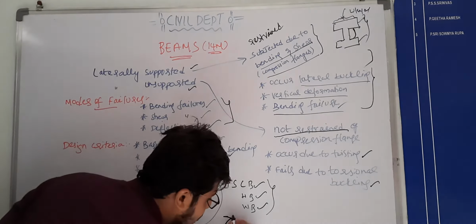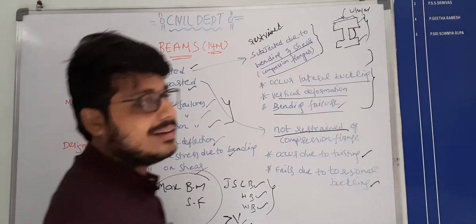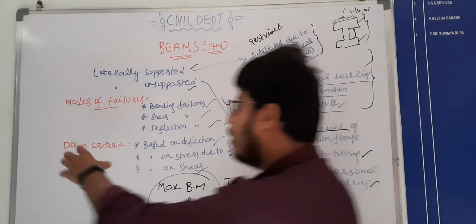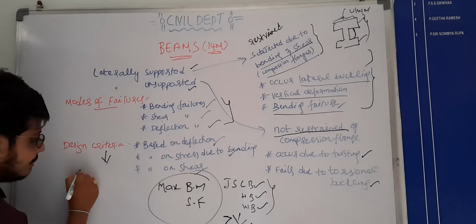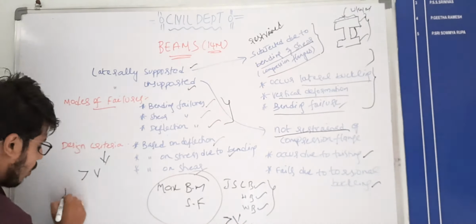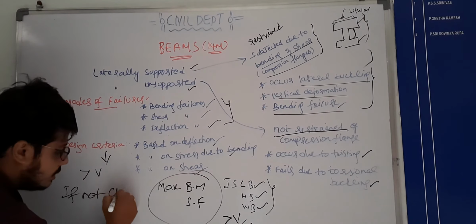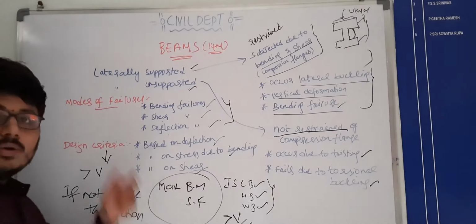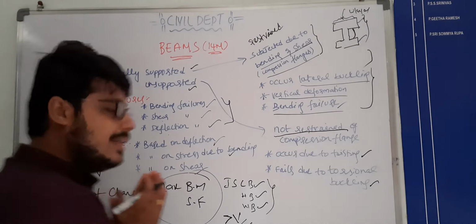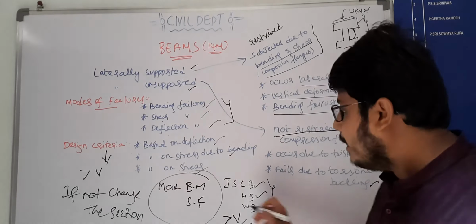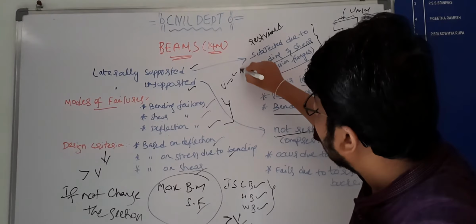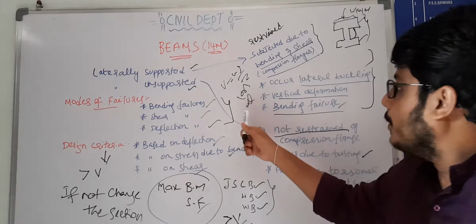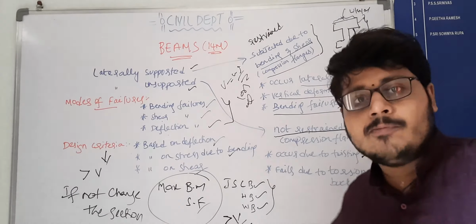All design strength values must be greater than the shear force. If not, change the section. After doing the problem, all design criteria must be greater than the calculated maximum shear force, V equal to WL by 2, or WL for a cantilever, depending on the type of beam given.